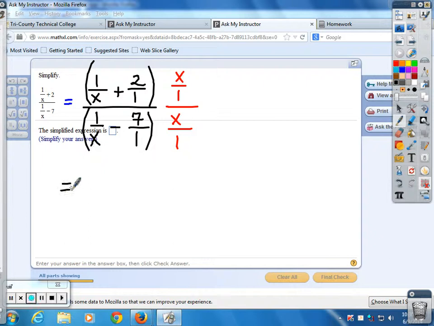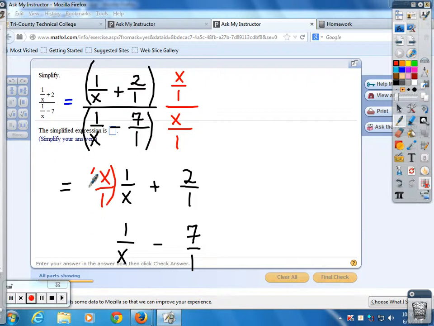Put a baby step in here. And that baby step is putting the x over 1 with every single term.